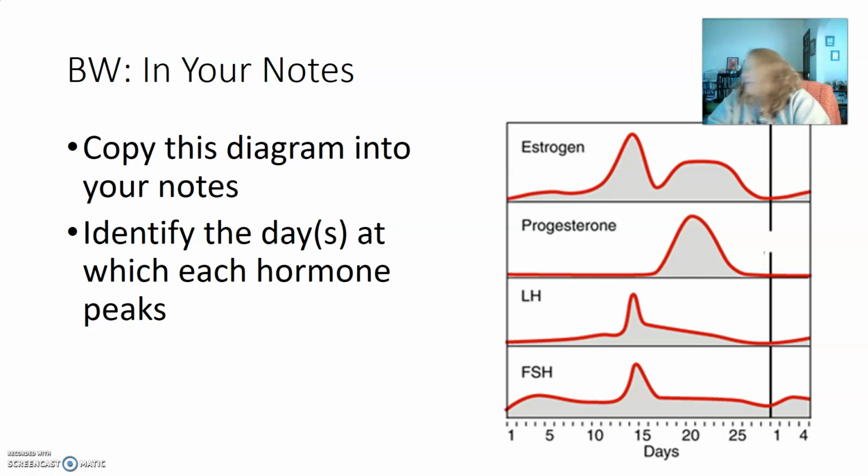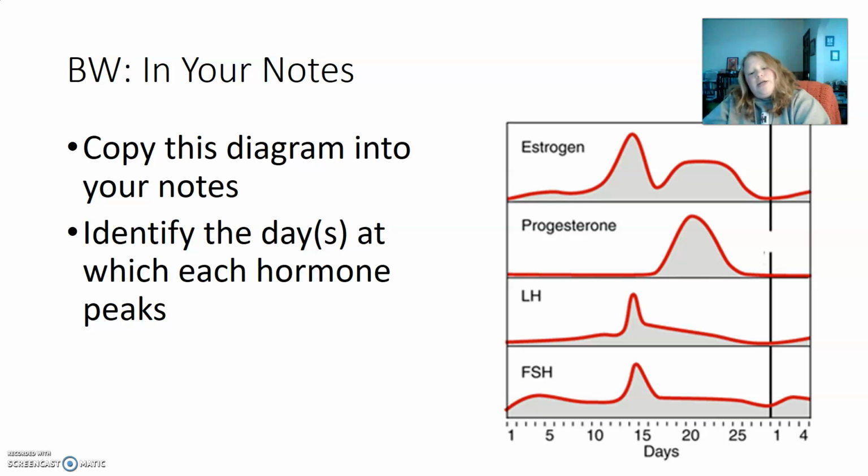I don't know if you're taking handwritten notes or if you're taking computer notes, but this diagram shows you what days different hormones peak. So we're starting with estrogen at the top. Notice estrogen peaks about day 14 of the cycle. Progesterone peaks closer to day 20 of the cycle.